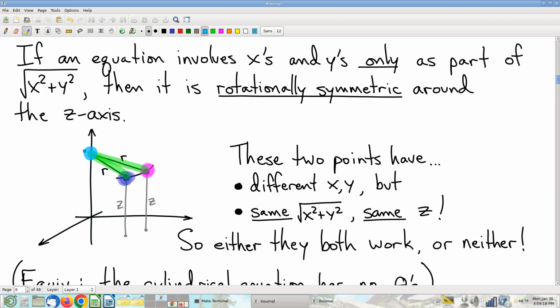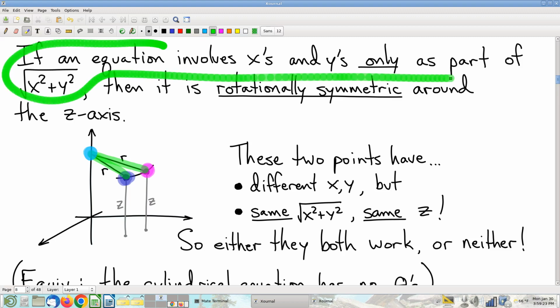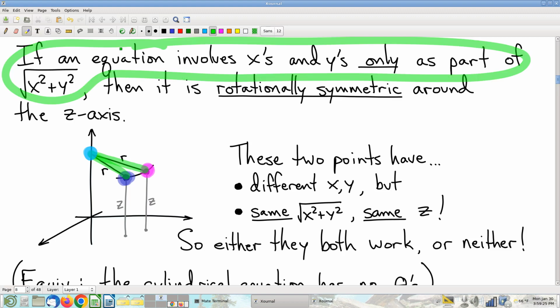So, in the way that they plug into an equation like this, where x and y only appear as part of that form being r, these two points have the same value of r, and again, because one is the rotation of the other, they have the same value of z.